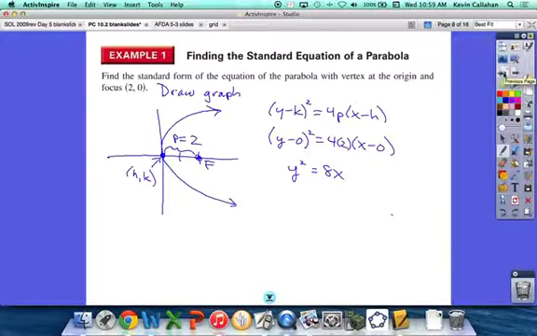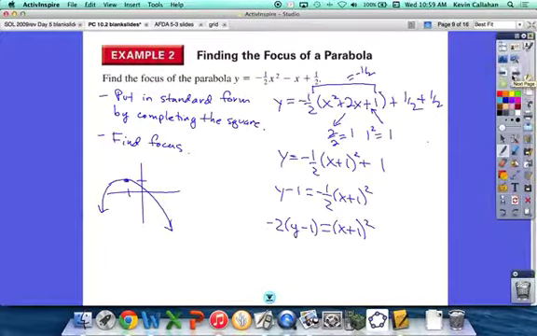It's not P, it's 4 times P. So we take that -2 and say 4P equals -2, so P equals -1/2. So we would expect the focus to be 1/2 down inside. So the focus is right there. What are the coordinates of that point? X equals -1, y equals 1/2.